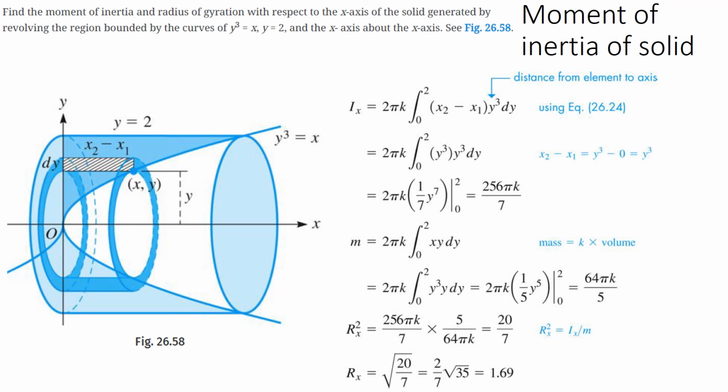So that's the inertia, and the mass is basically k times whatever the total volume of glass used in that shot glass.